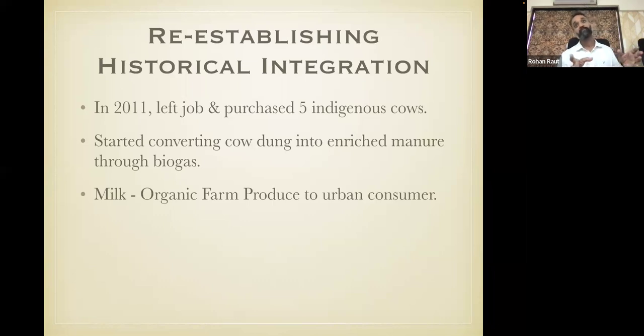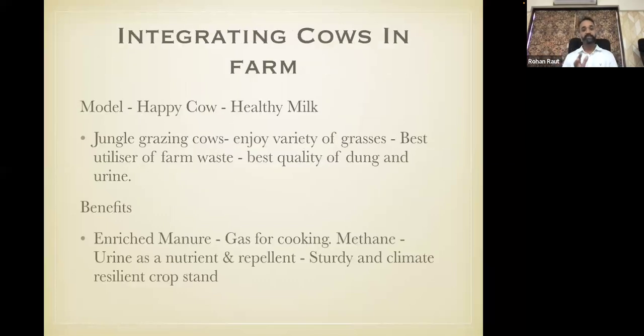But as my village was around 60 kilometers away, it was not possible for me to continue with that business. So I stopped it in 2016 and converted it to my ghee business. My model was happy cow, healthy milk.